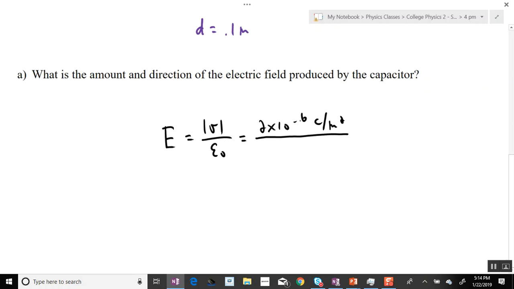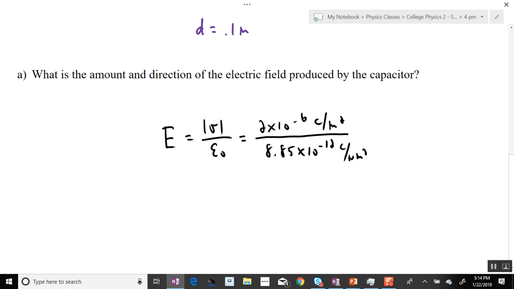And then you divide by epsilon 0, which is 8.85 times 10 to the minus 12 coulombs per Newton meter squared.